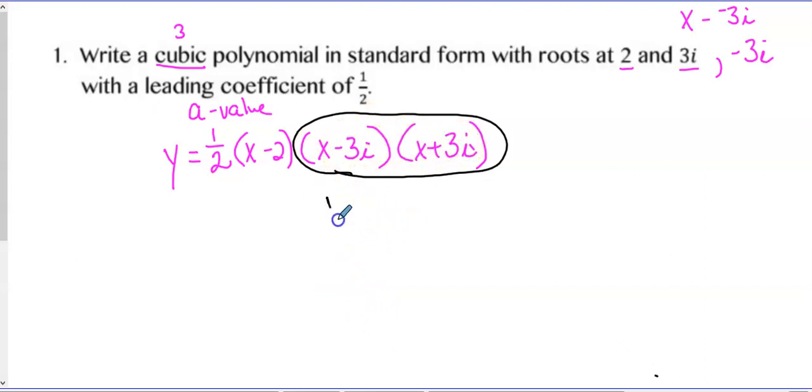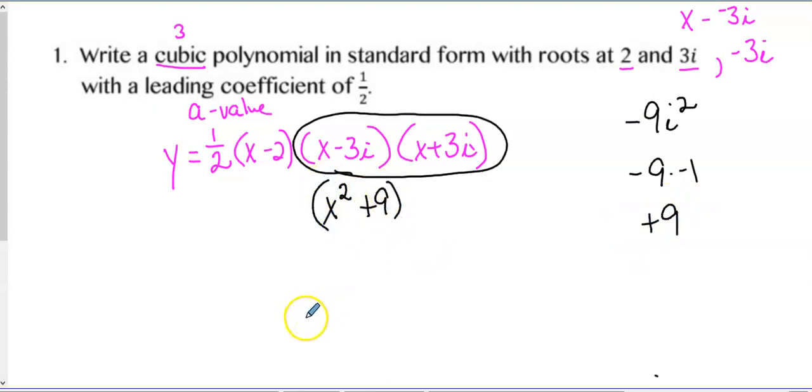This is going to be x squared minus 9i squared, but 9i squared is negative 9, so the opposite of 9 times negative 1 is going to be plus 9. So this is going to be x squared plus 9. You might have already realized that you square this, and then whatever this times this is, you write a plus, and it's 3 times 3.